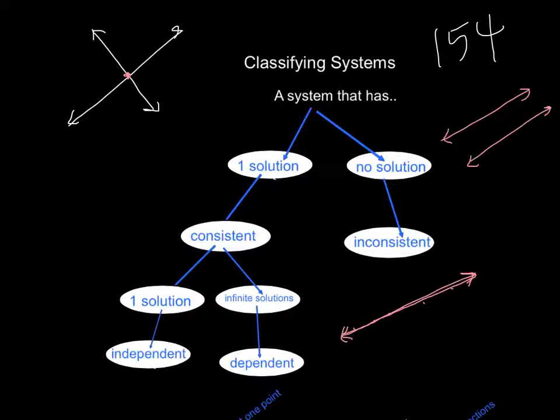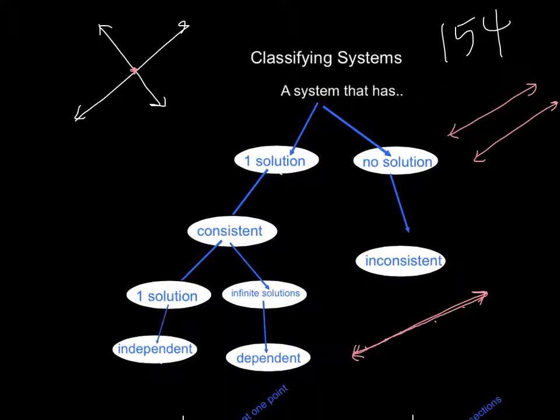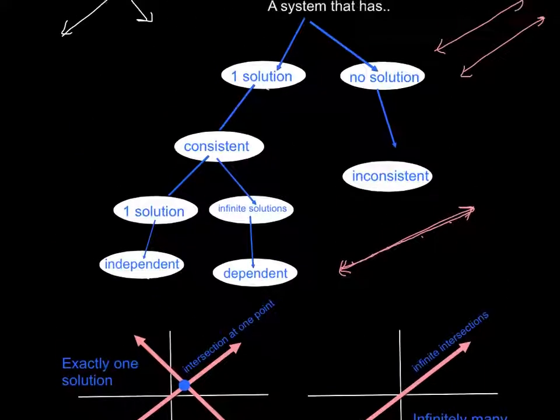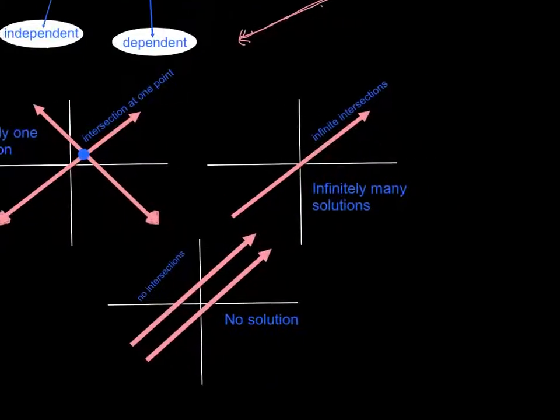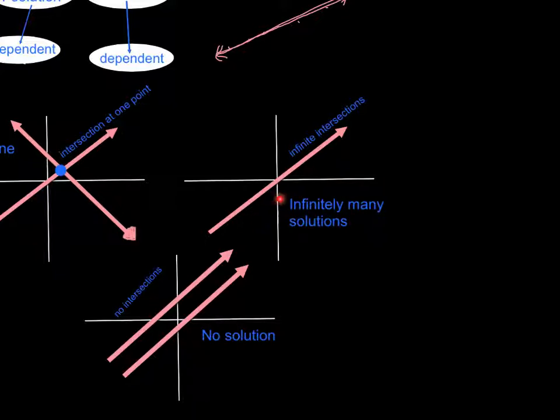If we want to look more specifically at some better graphs down here, we have exactly one solution. This would be consistent and independent. It has an intersection at one point, so therefore has exactly one solution. Next, we have our line that has infinite intersections. In reality, this is two lines here, and it has therefore infinitely many solutions.